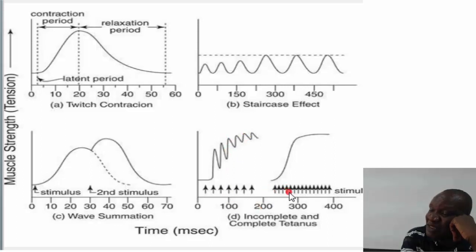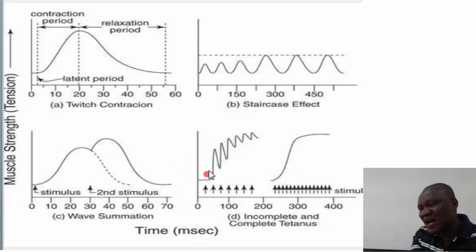But when the frequency increases, all the individual responses will fuse into one to produce a tetanus. The tension developed by a tetanic contraction is about 4 times that developed by a single twitch.